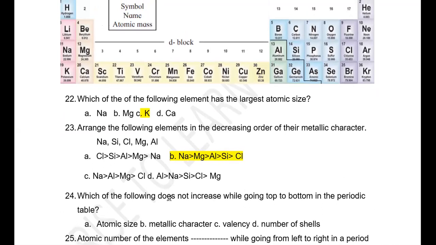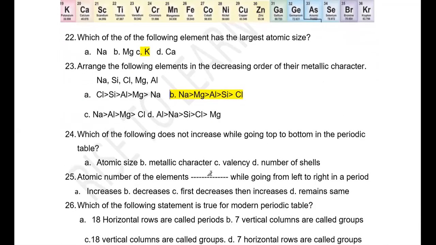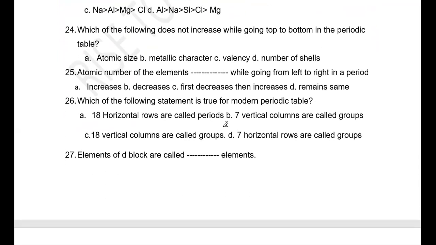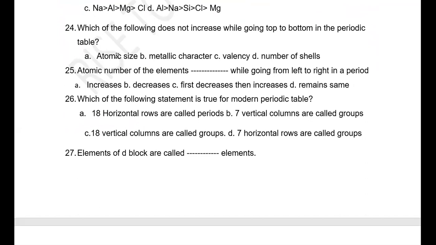Next, which of the following does not increase by going top to bottom in the periodic table? First one, atomic size. We know as we move from top to bottom, new shells are added, so atomic size will increase. Metallic character will also increase as the distance from the nucleus increases.